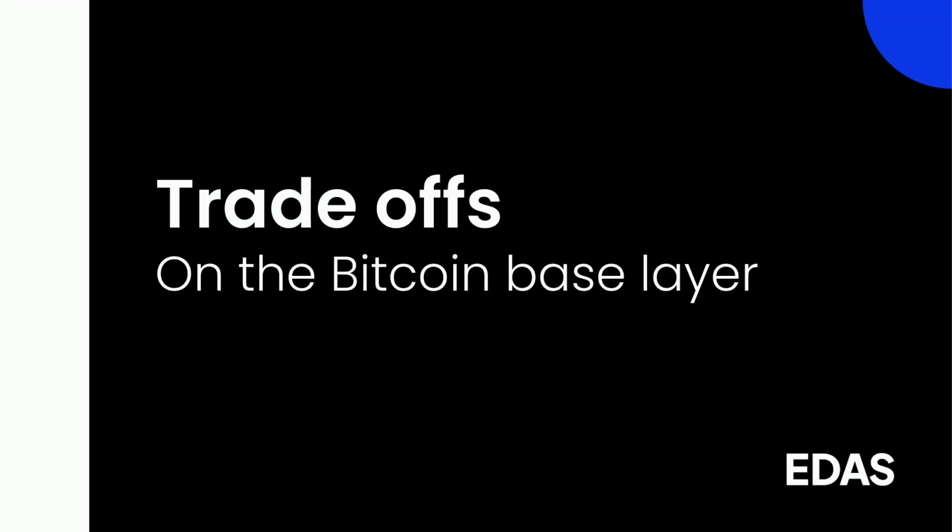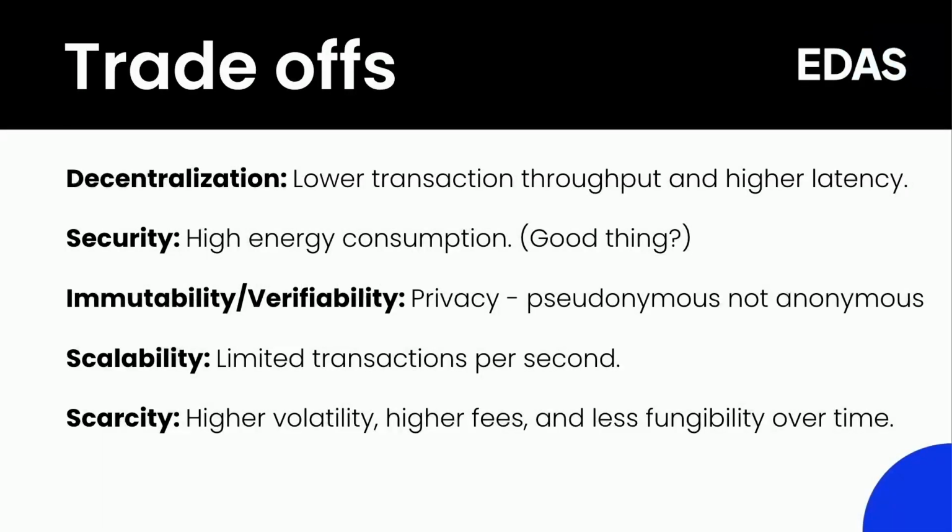Cool, so trade-offs on the Bitcoin base layer. Trade-offs is probably my favorite word as a developer. I just love talking about trade-offs. But we have these properties that emerge, and these properties have trade-offs. So these properties are good, we like them. For example, decentralization is a good thing, but a trade-off of it is lower transaction throughput, higher latency. Security is a good thing, but it has higher energy consumption, which some people think is a good thing, but hey, it's quite a big security budget.